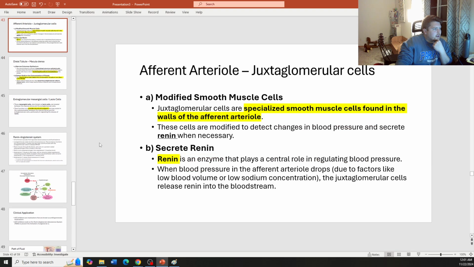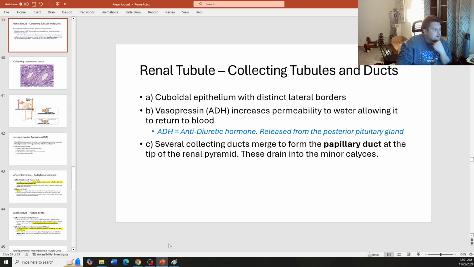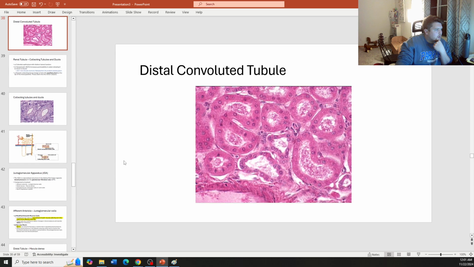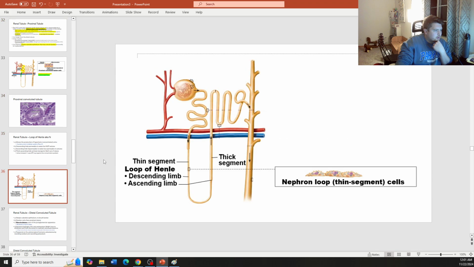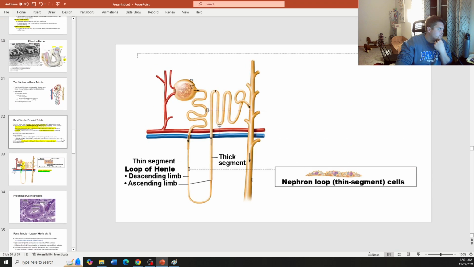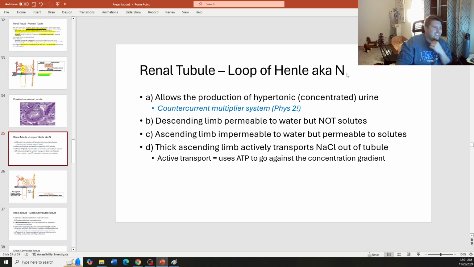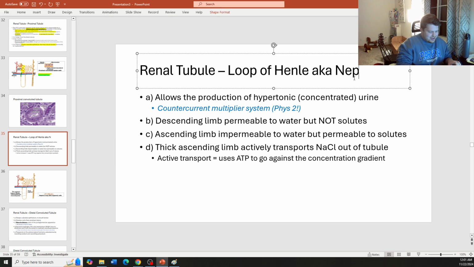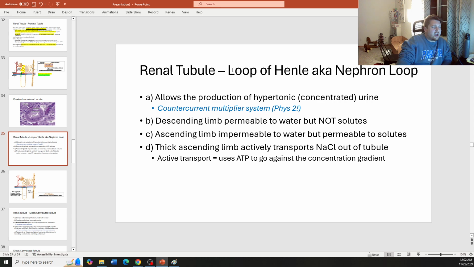Sorry, let me find it real quick. Nephron loop, that's what it's called. The AKA for it is the nephron loop. Oh, it was the next slide and I went all the way down. So loop of Henle, nephron loop, it's the same thing. I always learned it as loop of Henle, but I guess some books will use nephron loop.